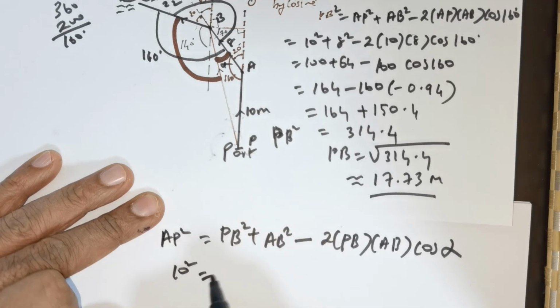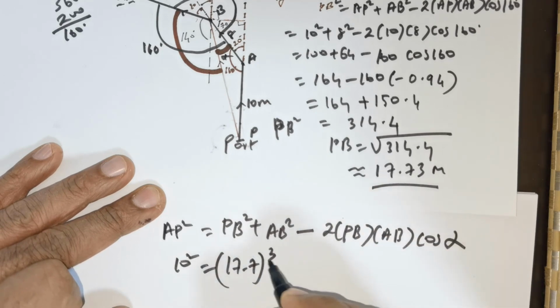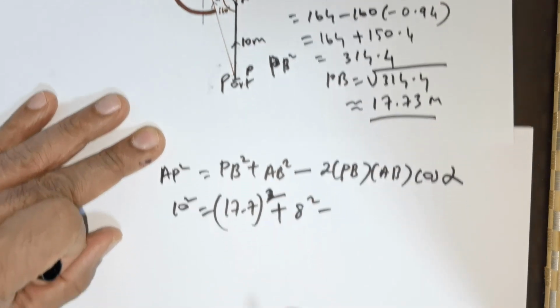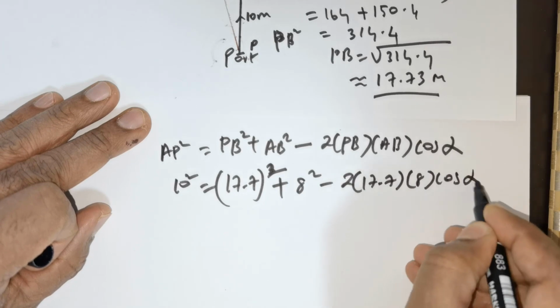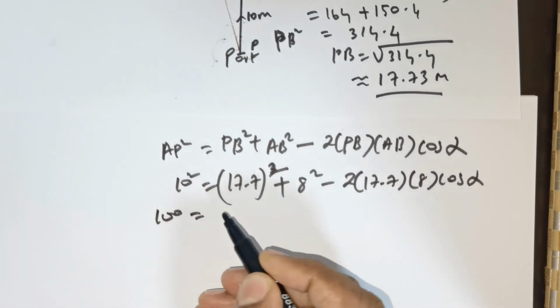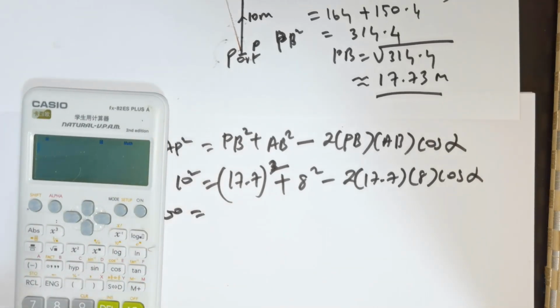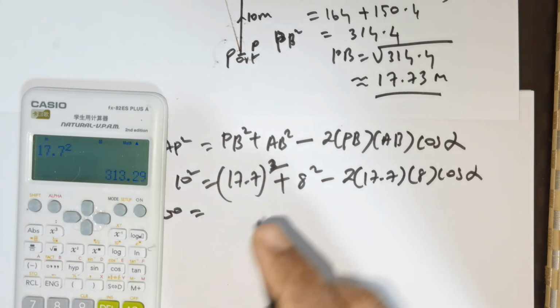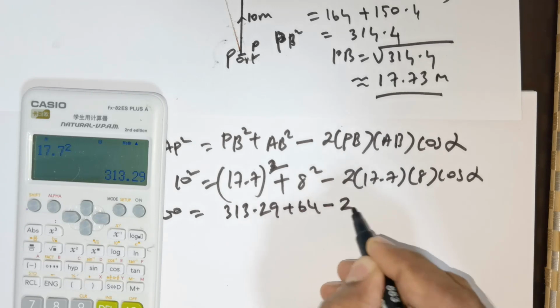So AP squared is 10 squared, PB squared is 17.7. I'm taking it as 17.7 whole squared plus AB squared is 8 squared, minus 2 times 17.7 into 8 into cos alpha. So this is 100 and 17.7. What is that? You need to get the square of that. So that is 313.29. 8 squared is 64.